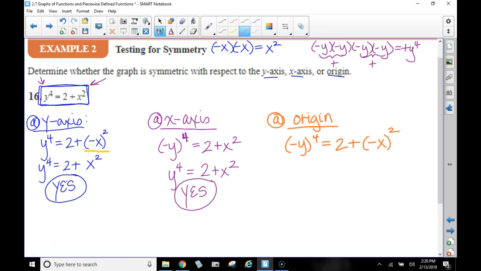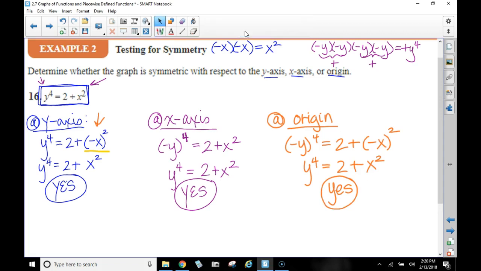And we just saw over here in purple how negative y to the fourth is the same thing as just y to the fourth. And over there in blue, we saw how negative x squared is the same thing as x squared. So you know what? This equation, if we were to graph it, displays all three types of symmetry.